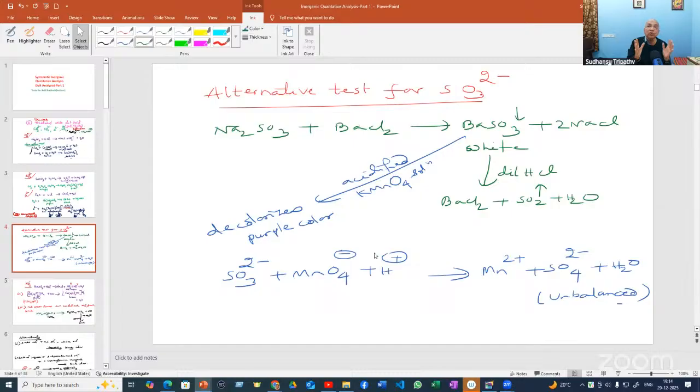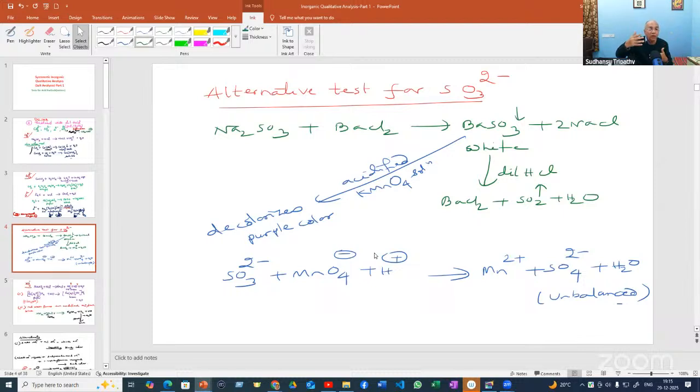There is no need to use the common ion effect to suppress the precipitation of some other metal ions and selectively precipitate out a particular group of metal ions. That comes into force when you have at least two. One is in group 5, the other one is in group 2. So you separate group 2 because that will interfere. If it is not separated, it will interfere when you come to group 5.